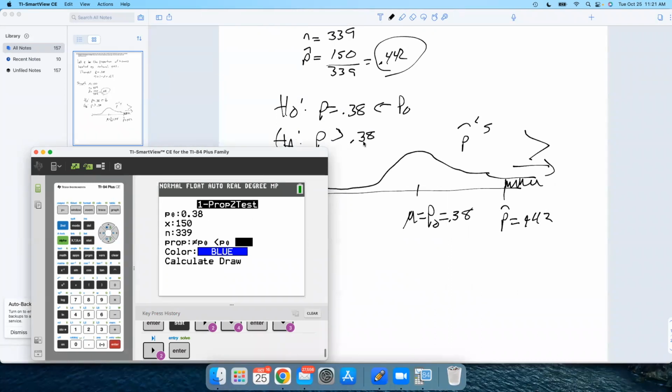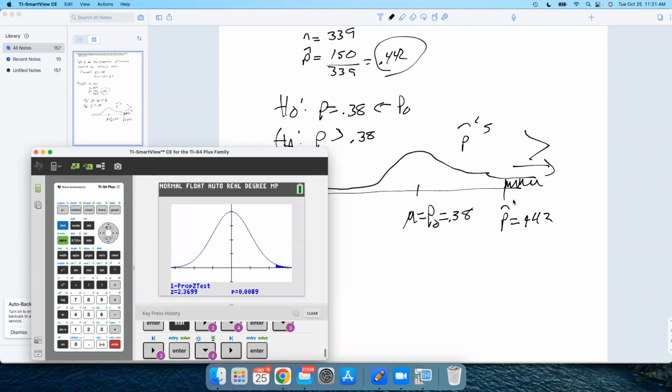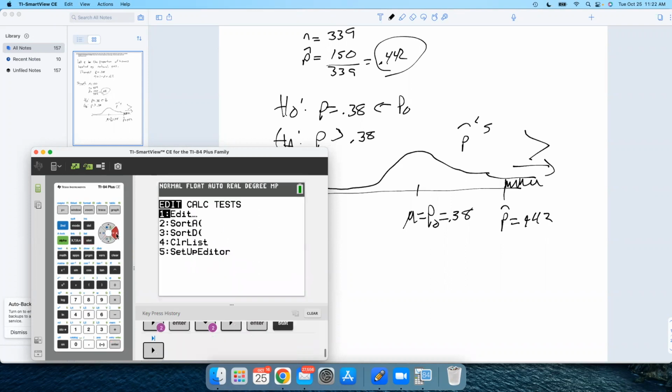What they're asking us is this part right here: your alternative hypothesis is p is what? Greater than p naught. I hit calculate, or let's hit draw again just so we can see. Look, that looks like what we drew. But I prefer calculate.